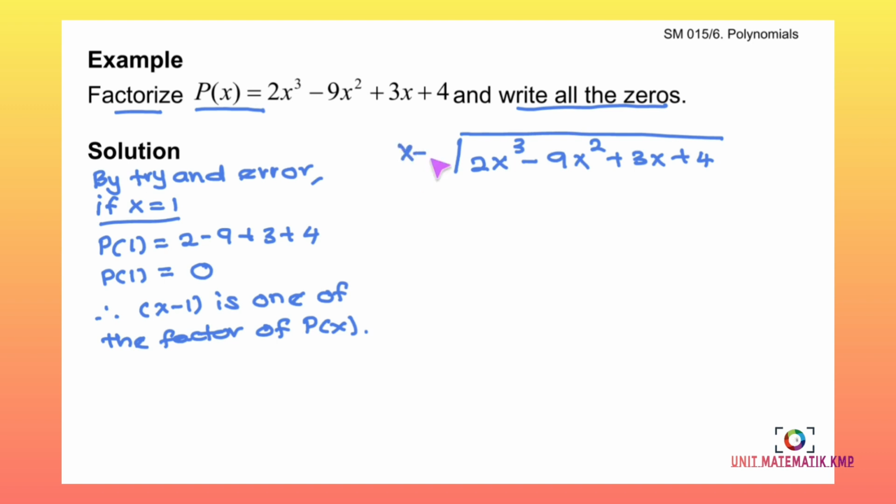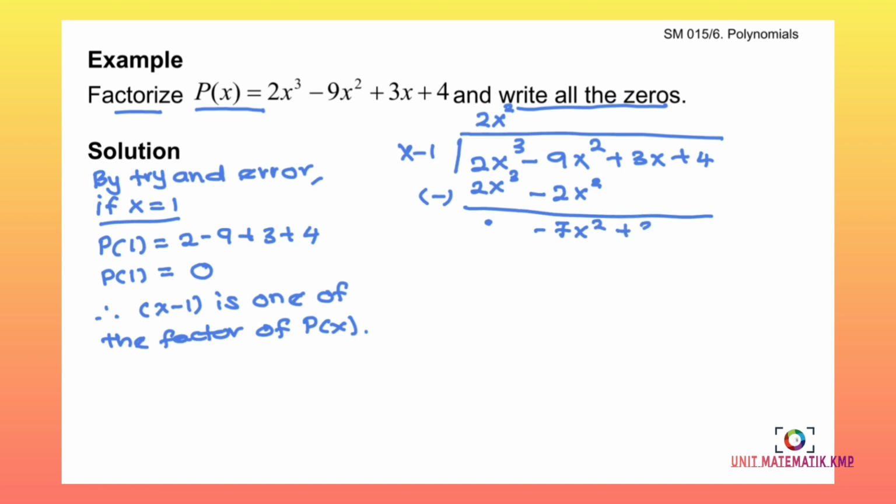x minus 1. So x times what equals 2x power 3? We know that x times 2x squared is 2x power 3. So 2x squared times negative 1 is negative 2x squared. Subtracting, we have 0, and negative 9 minus negative 2 is negative 7x squared.